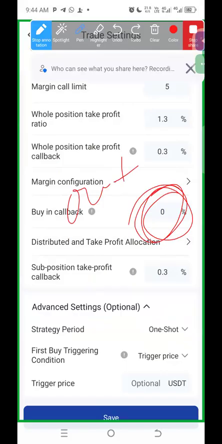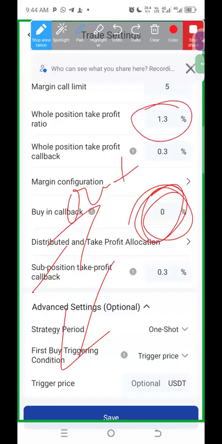Placing it on zero simply means that when the market rises and falls, you don't anticipate profit. Do you get it? All you want is your exact take profit, which is the 1.3% that you targeted in the market. But if you set it anything beyond zero and the market drops or rises with high momentum, there is more probability that you can make extra profits in addition to your take profits.